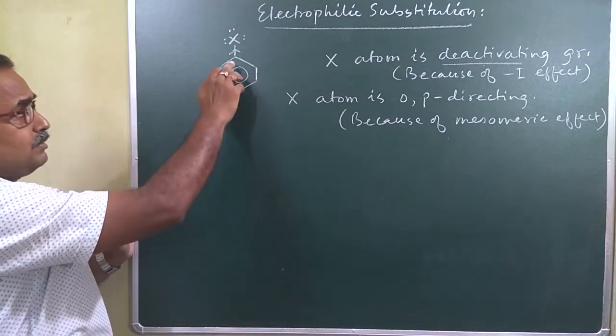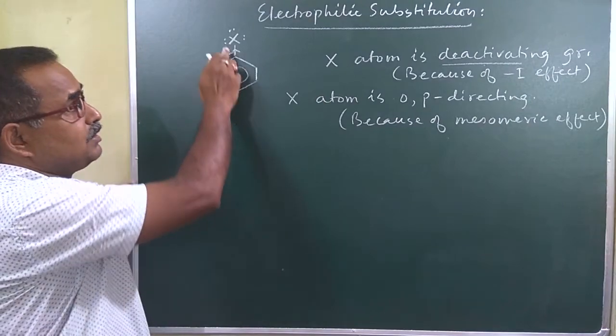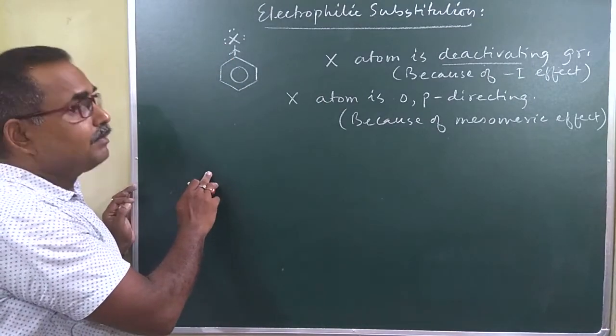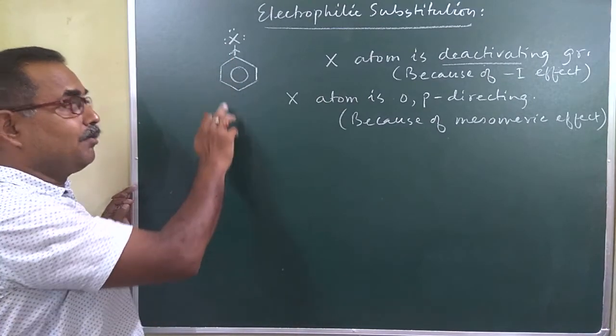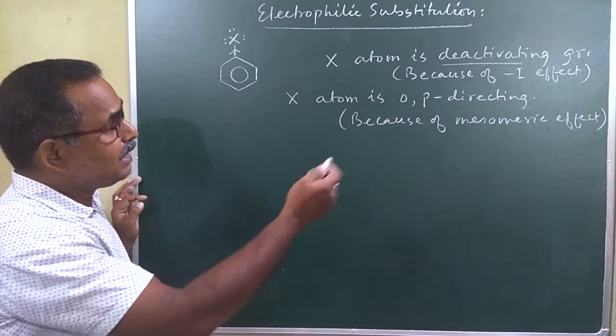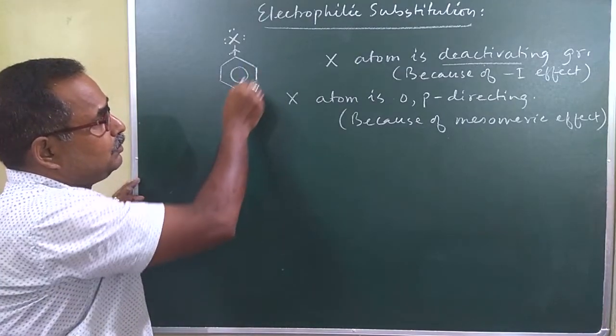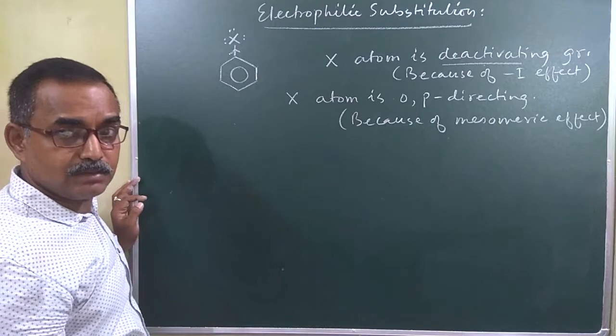Okay, so it is more difficult to carry out electrophilic substitution of halobenzene, but somehow if you carry out electrophilic substitution, the incoming electrophile will enter either into ortho or into para position.